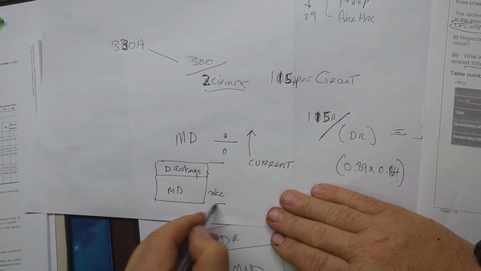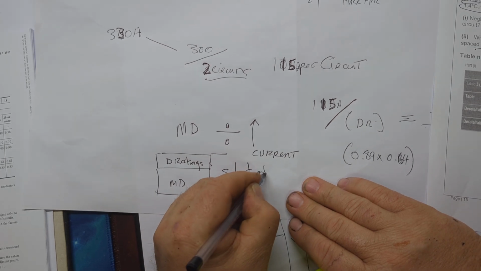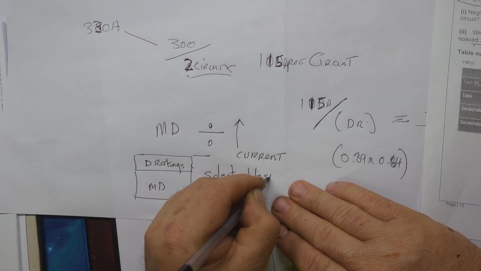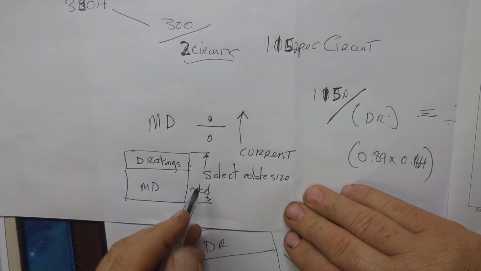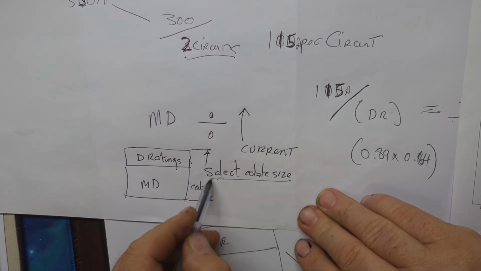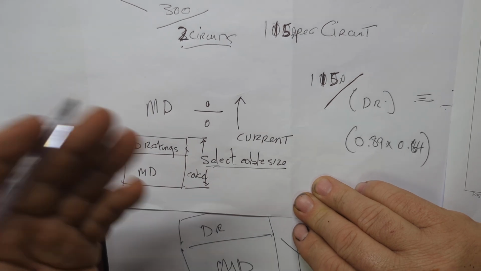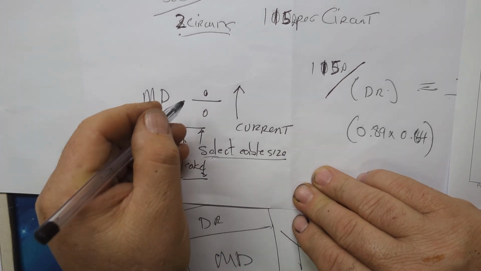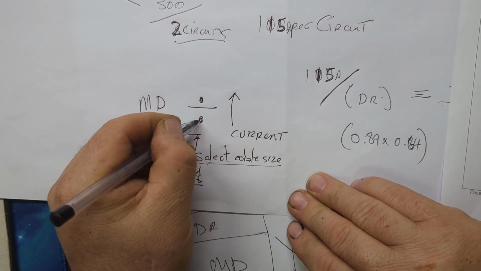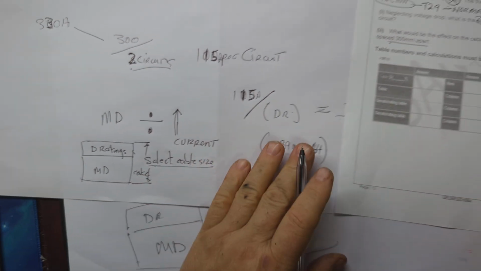Once we have that, we select the cable size. Some teachers pick a cable, come back, do the deratings, back and forth. This way, you get your answer and pick the cable straight away. It's a winner-winner chicken dinner situation. So we're going to have a look at that now.